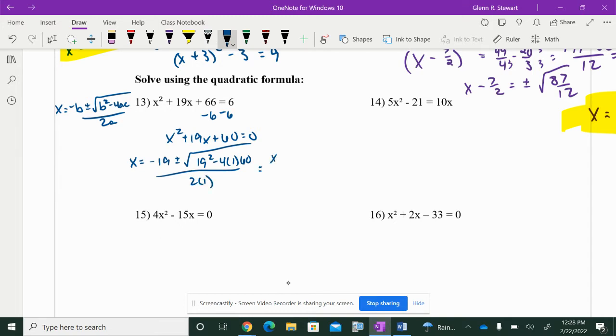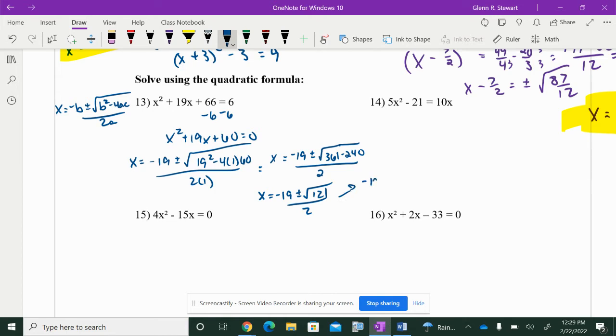So I end up with x is equal to negative 19 plus or minus the square root of 361 minus 240 all over 2. Might run out of space here, so I'll erase afterwards. x is equal to negative 19 plus or minus the square root of 121 over 2. Now the square root of 121 is really 11.